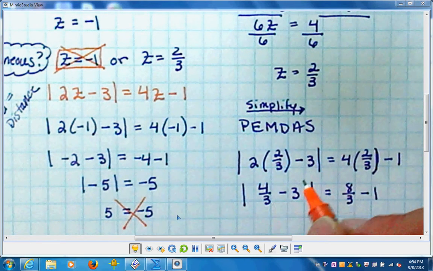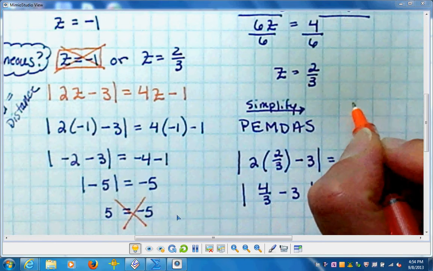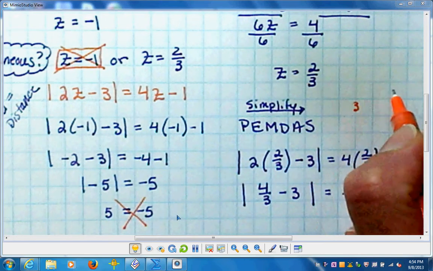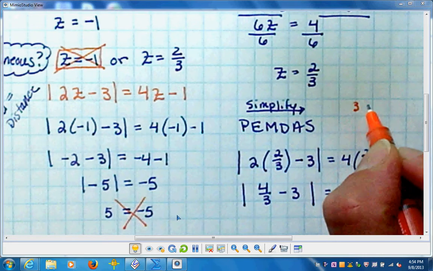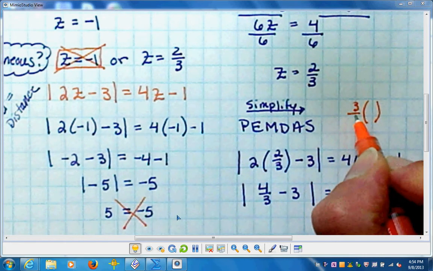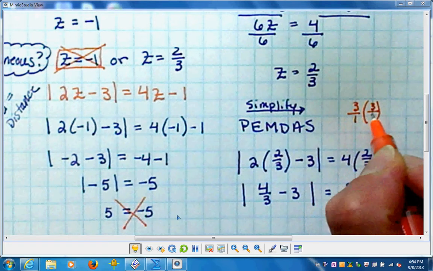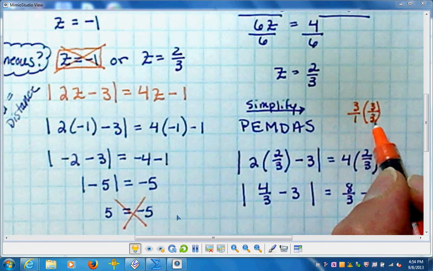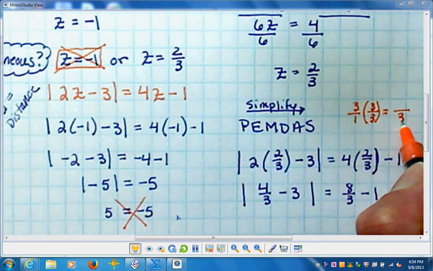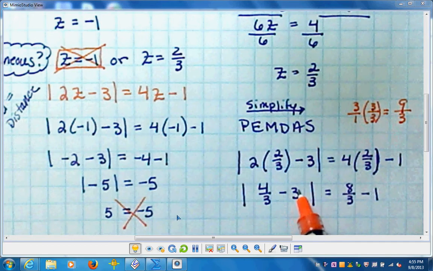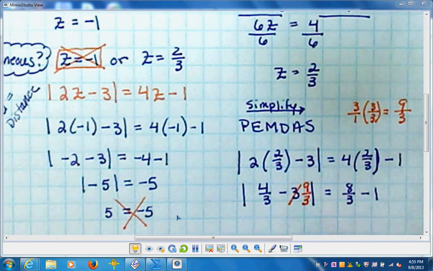So that means in order to get 3 in my denominator, I have 3, and I want to have a 3 in the denominator. Right now it has a 1. I'm going to multiply that by 3 over 3. So now when I multiply 3 times 1 in the denominator, I get 3. 3 times 3 is 9. So this negative 3 is the same as 9/3.